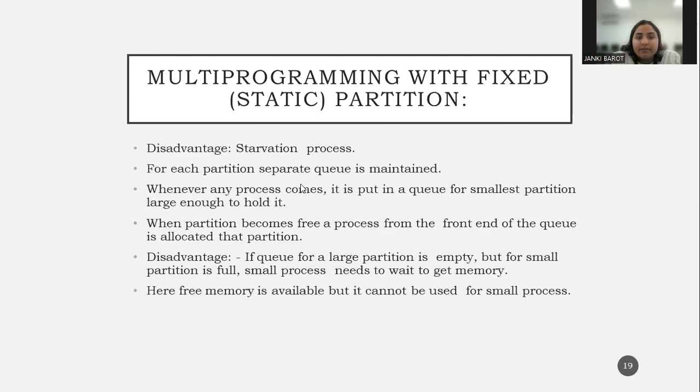Now, what is the disadvantage of this fixed partition? That is starvation of a process. Why? Because for each partition, a separate queue is maintained. So whenever any process comes, it is put in a queue for the smallest partition large enough to hold it.